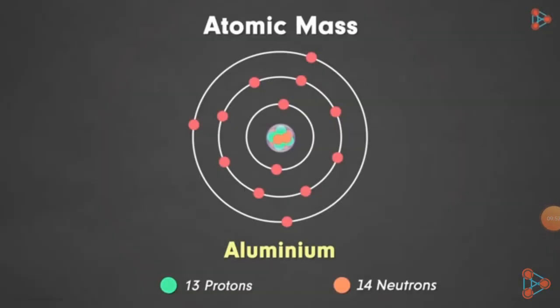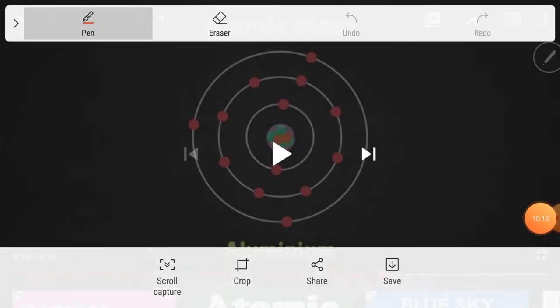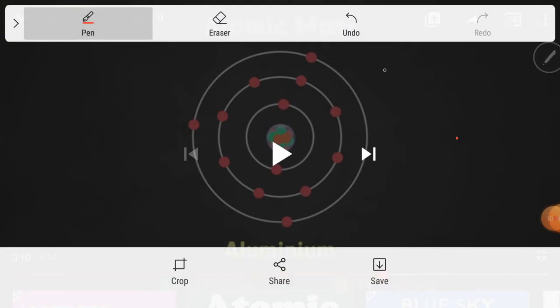This is the aluminum. The aluminum has 14 neutrons, 13 protons. So what is the mass number? The mass number is 13 plus 14, as you see here.